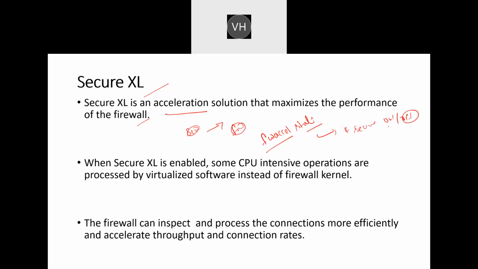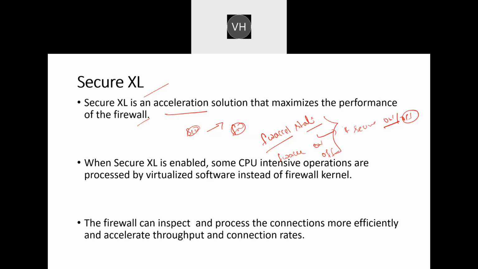To turn it on, we type fw accel on, and to turn it off, fw accel off. First we need to be aware of that. To check the state, fw accel state; to switch it, fw accel on and off. These are the commands.